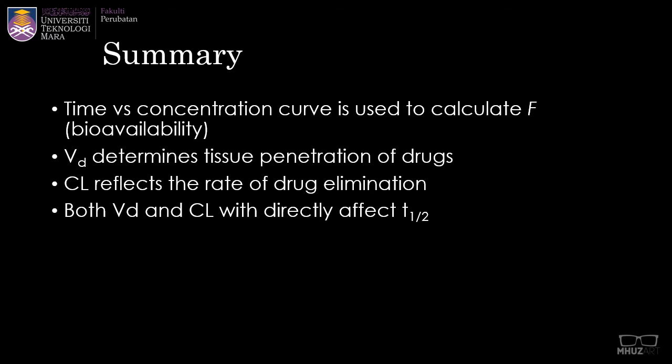So in summary of this very short lecture, time versus concentration curve is used to calculate bioavailability. VD will determine tissue penetration of drugs. Clearance reflects the rate of drug elimination, and both VD and clearance will directly affect half-life.